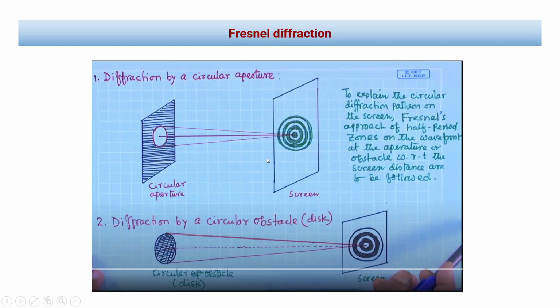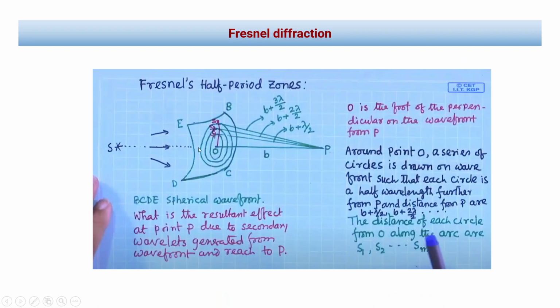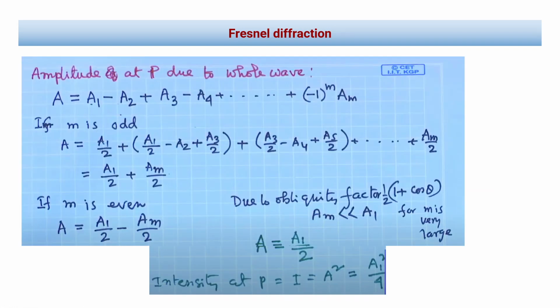Then we were discussing Fresnel diffraction, where we get Fresnel zones. This is again very interesting and very important, because we get a circular wavefront here, and if we divide it into different half period zones, then from one zone we get amplitude added, and the next zone gives amplitude which is subtracted. Depending on whether we divide into an odd or even number of zones, the amplitude will be like this.